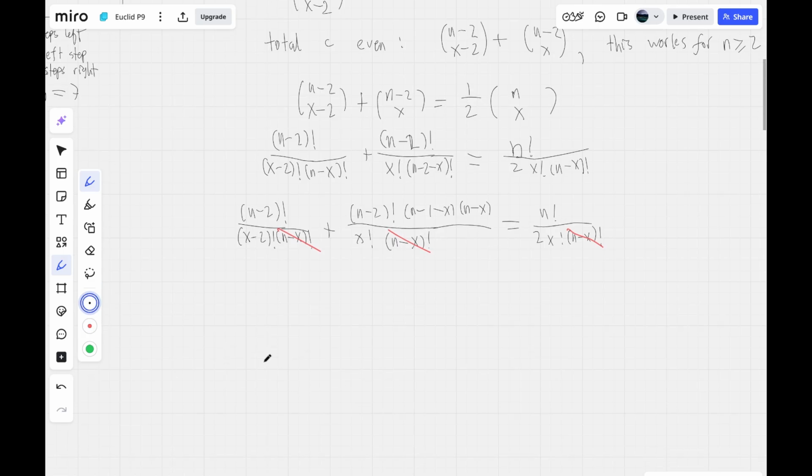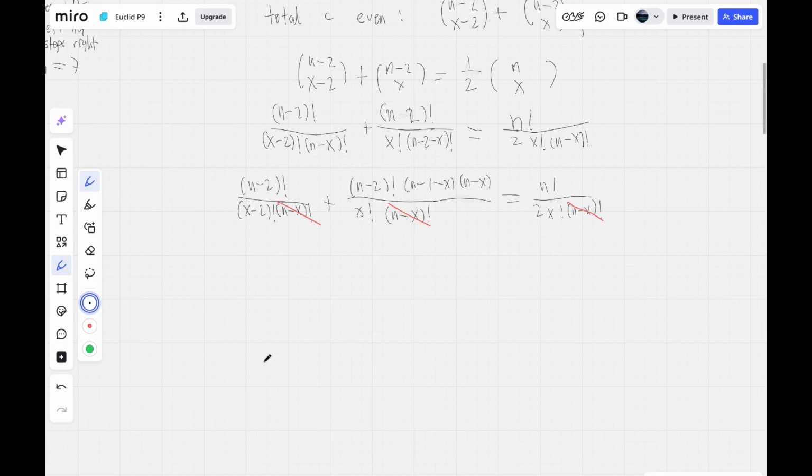And we want more things to cancel, right? The more things that cancel, the better, right? So now that we have canceled n minus x factorial, we can further cancel out x factorial, right?